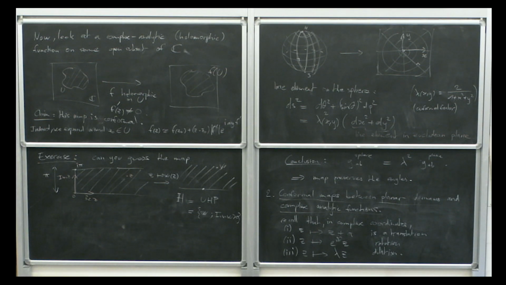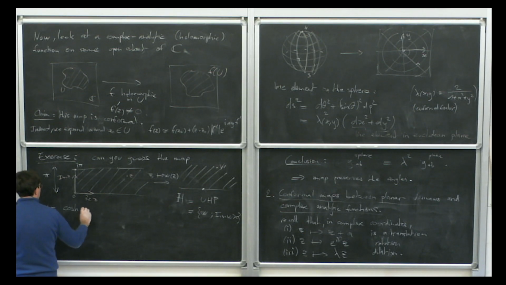Yes. And how do you see that? So the answer indeed is a hyperbolic cosine, so cosh of z. That's the answer. Think about it for a few minutes, and then we'll talk.